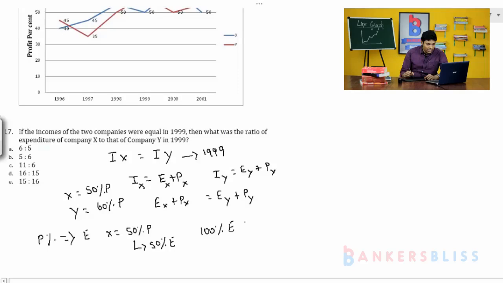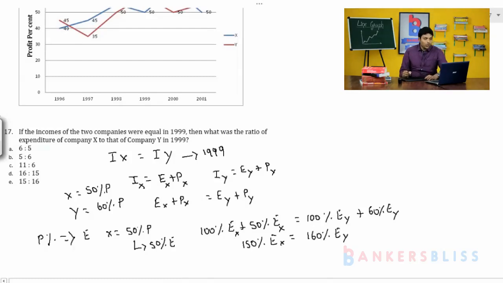So 100% expenditure of X plus 50% expenditure of X is equal to 100% expenditure of Y plus profit of 60% expenditure of Y. So which is equal to 150% expenditure of X is equal to 160% expenditure of Y. And what are they asking?